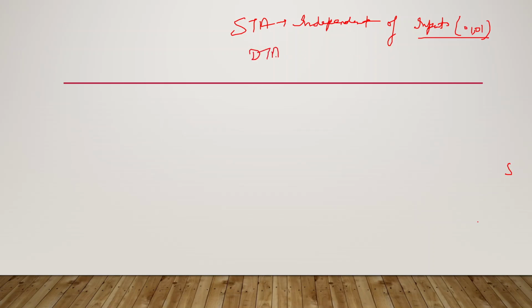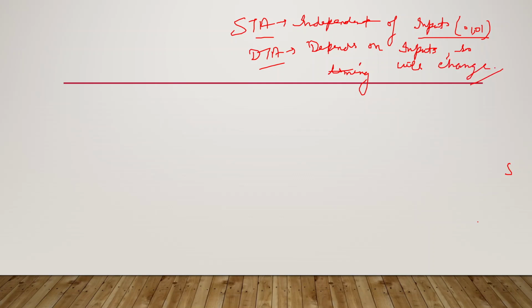If I tell you what is the STA, it is independent of inputs, that means 0 1 0 1. But DTA depends on inputs, so timing will change in this case.